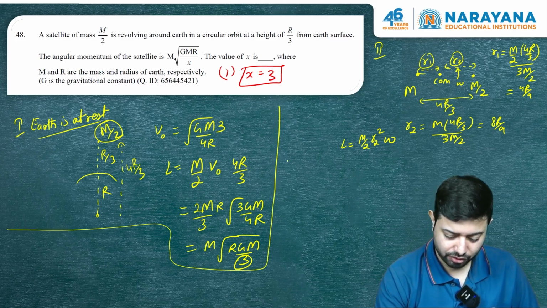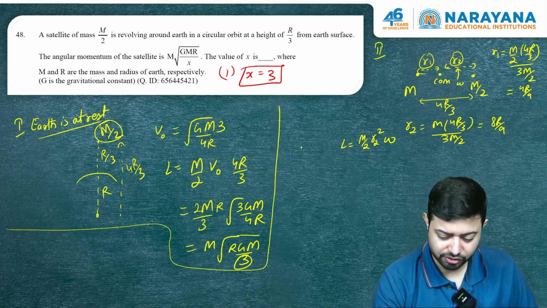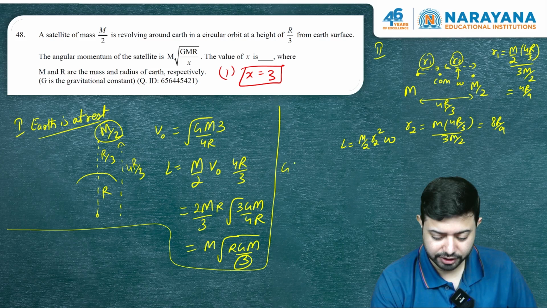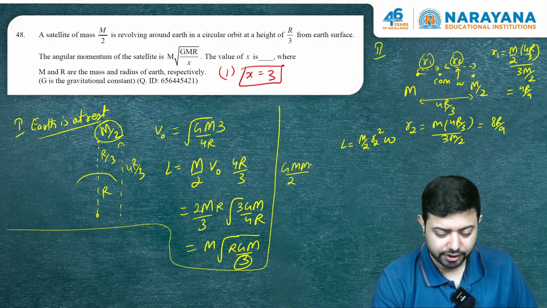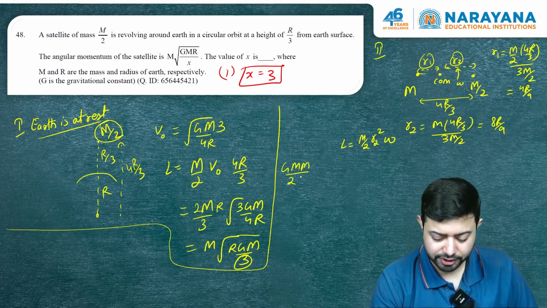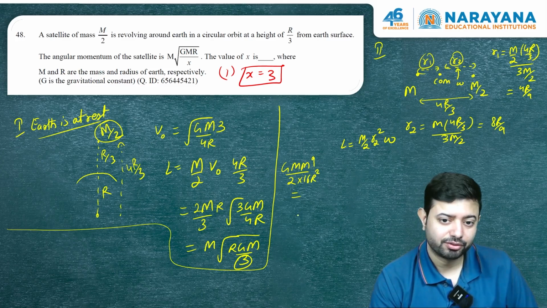Okay. So, when I talk about this, what is the force of attraction? G times m by 2 into m, divided by 4r by 3 whole squared. So, this will be 16r squared over 9, and that should be your mv squared by r, or m r omega squared, the centripetal force.